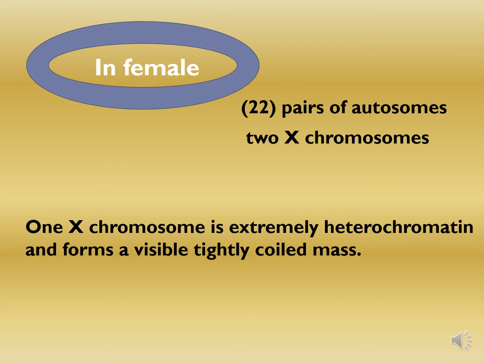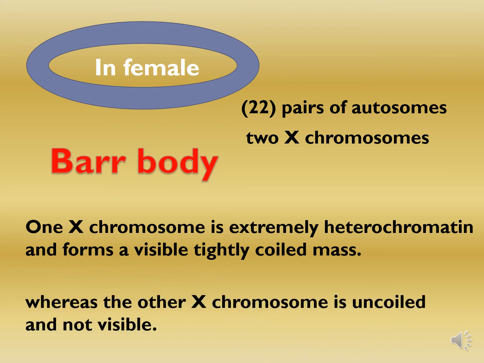One X chromosome is extremely heterochromatin and forms a visible tightly coiled mass called bar body. إذن أحد الكروموسومات يكون بالكامل هو عبارة عن هيتروكروماتين، ونعرف إن الهيتروكروماتين coiled condensed، فلهذا يكون visible mass اللي نسميها bar body. Whereas the other X chromosome is uncoiled and not visible.